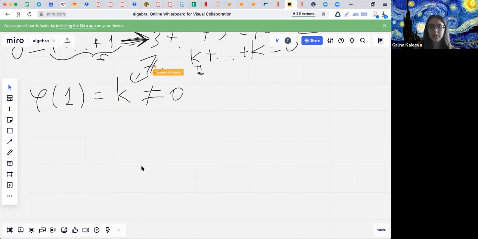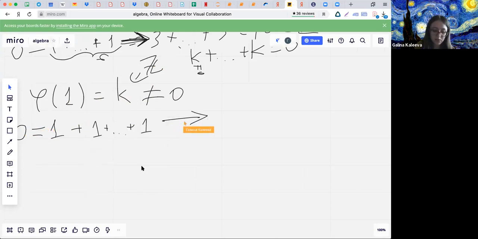What have I checked? Let's check that 1 plus 1 plus 1, 6 times, which is 0 in our group of reminders, goes to 0, but it goes to k plus k plus k, 6 times, which is k times 6, which is not 0.